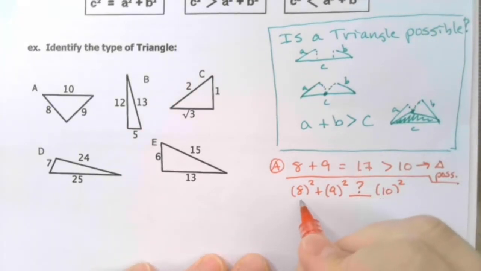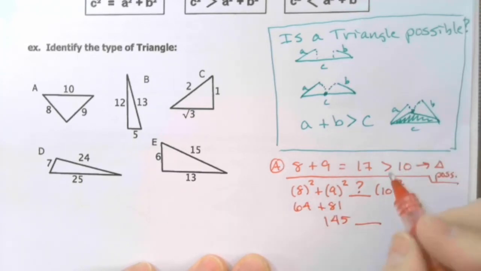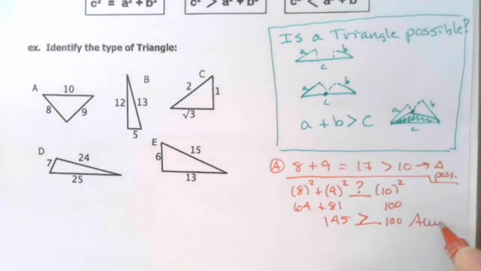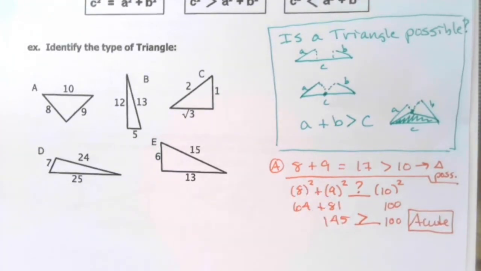Well, this is 64 plus 81, which ends up being 145. 10 squared is 100. 145 is bigger than 100, which means that that C, that long side, wasn't very long. So this is an acute triangle because A squared plus B squared was bigger than C squared.